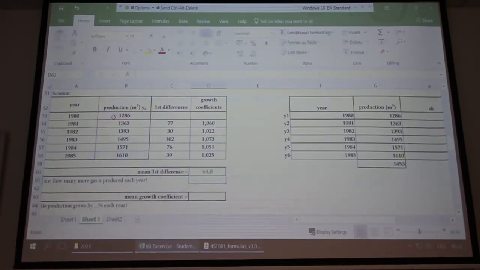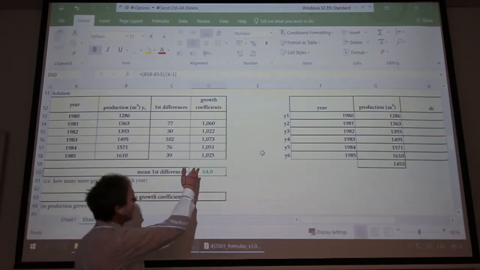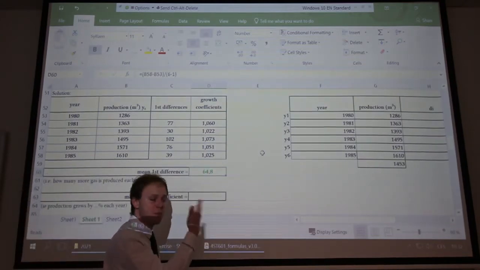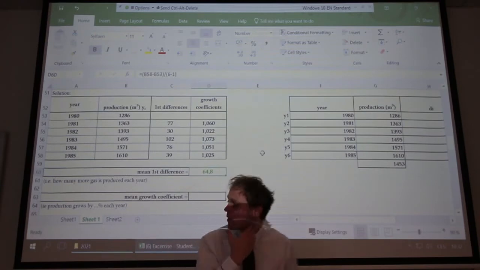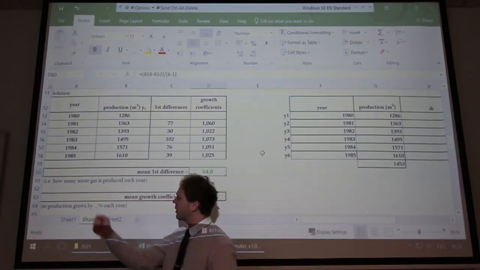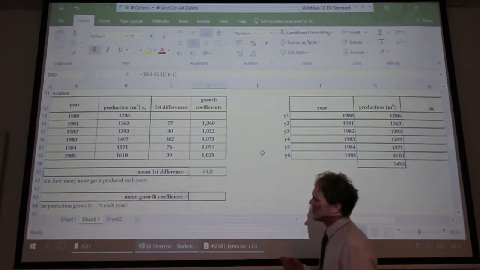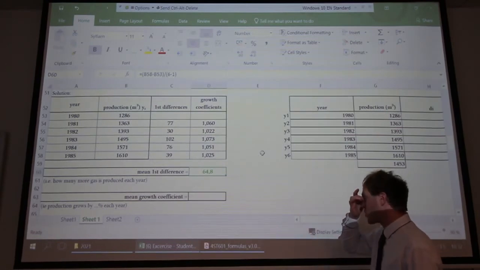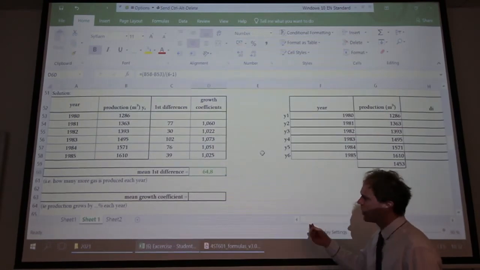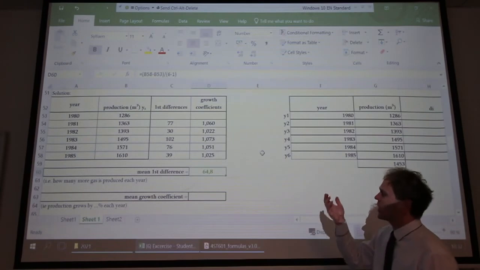And you must see the value 64.8. It's in cubic meters, and it is the response to how much more gas is produced each year. So it's the average increase every year.